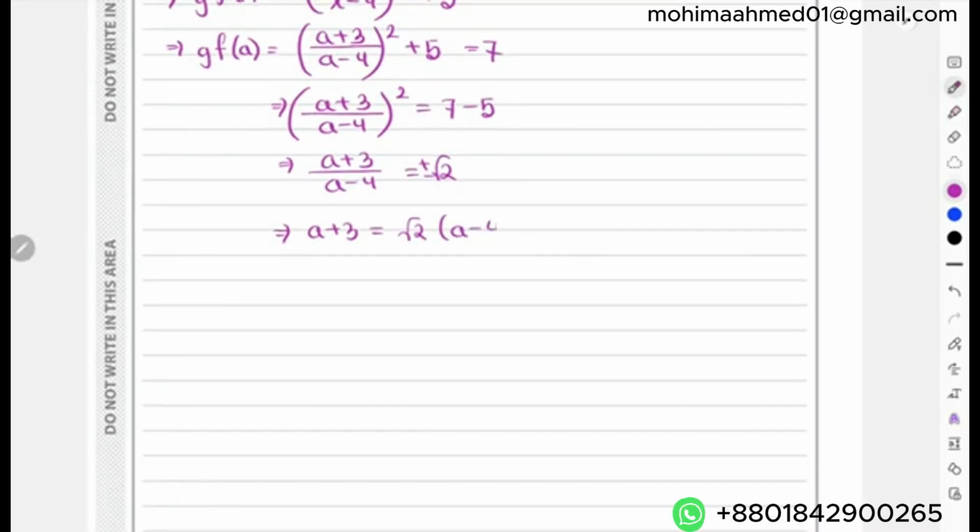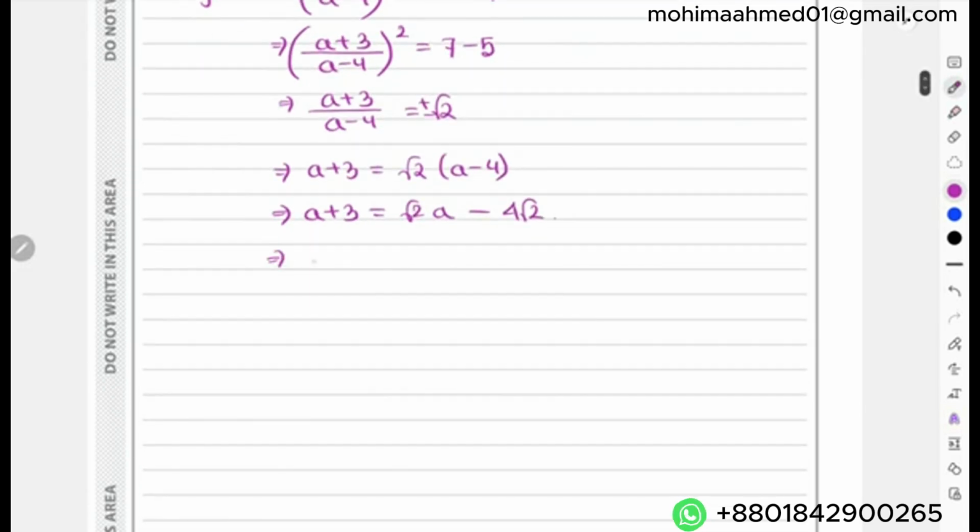It's going to be a plus 3 equals root 2 times a minus 4 root 2. And then again, if you take all the a to the same side, it becomes a minus root 2 a, and then again minus 4 root 2 minus 3.